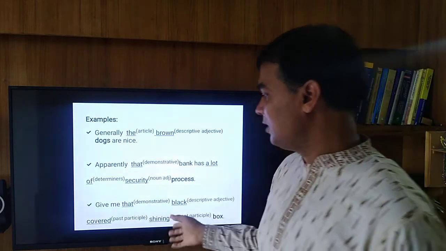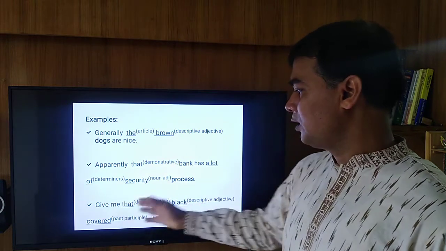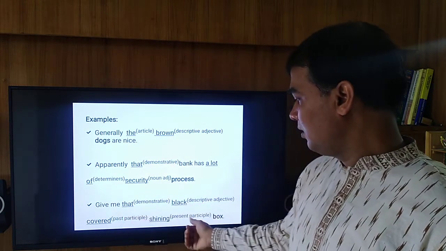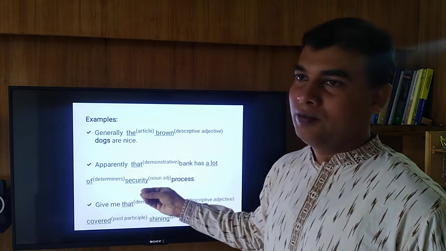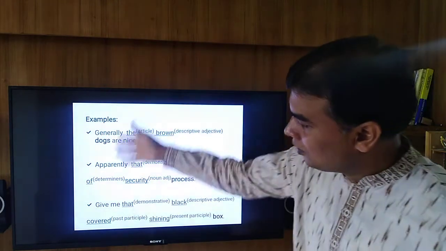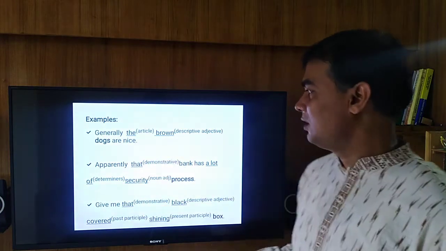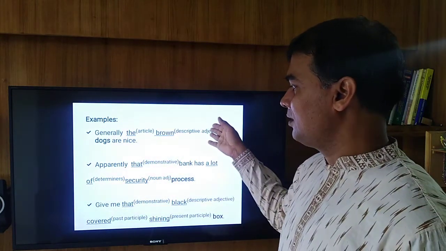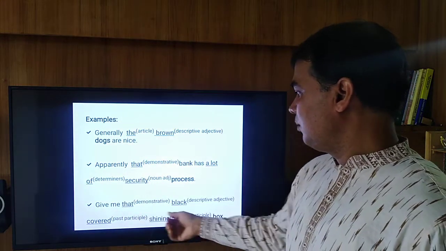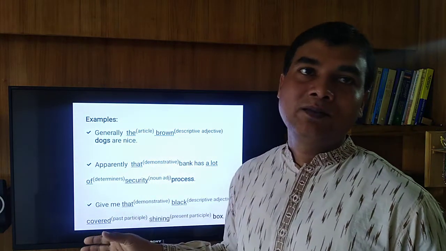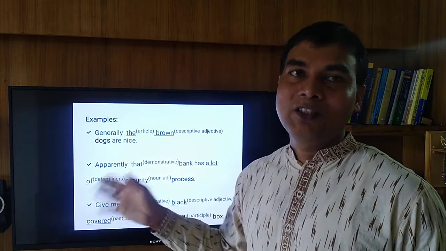So here demonstrative, descriptive adjective, and both past and present participles are pre-modifiers. Considering all these three examples, we can say that article, adjectives, demonstrative, determiner, participle are predeterminers, as I mentioned earlier.